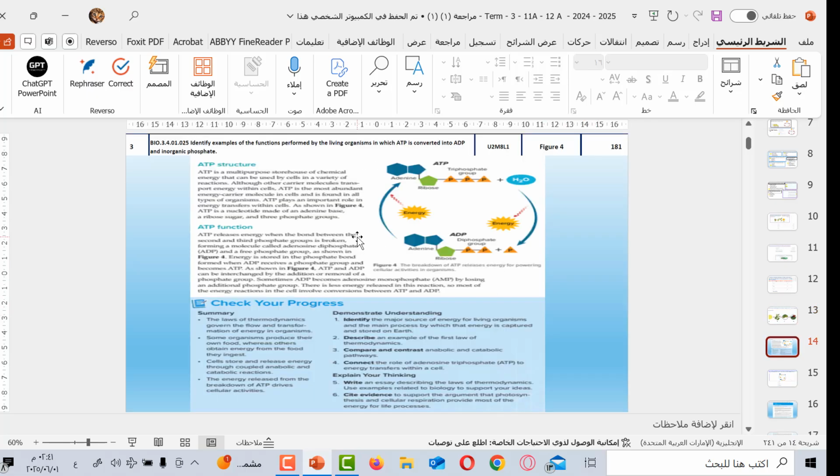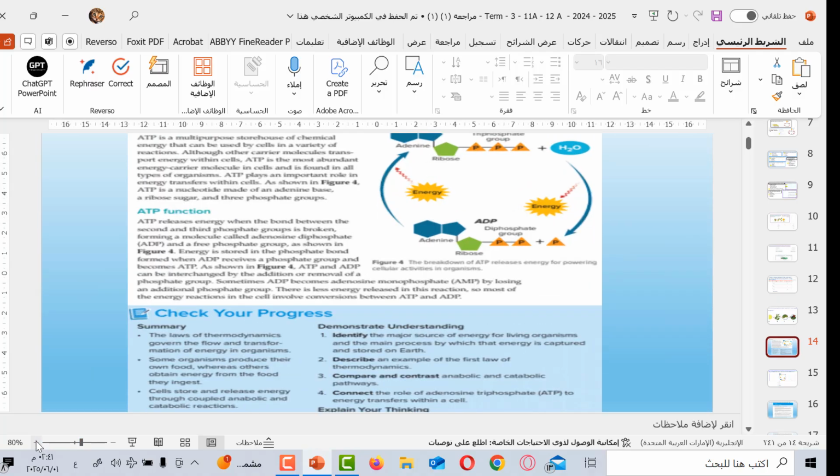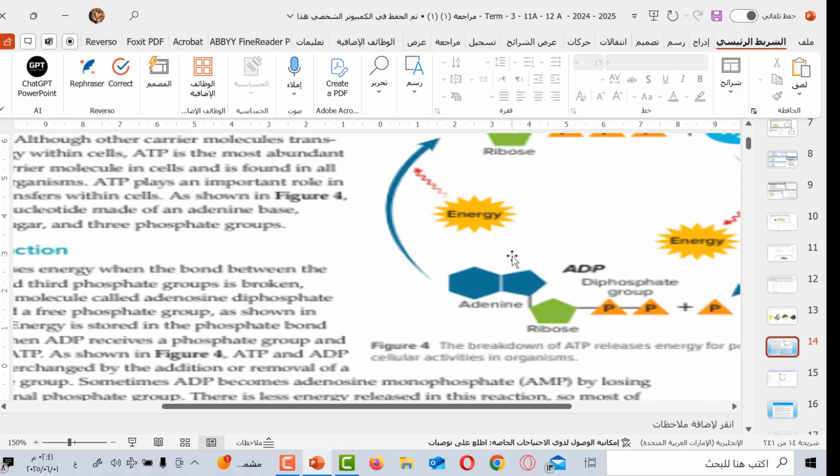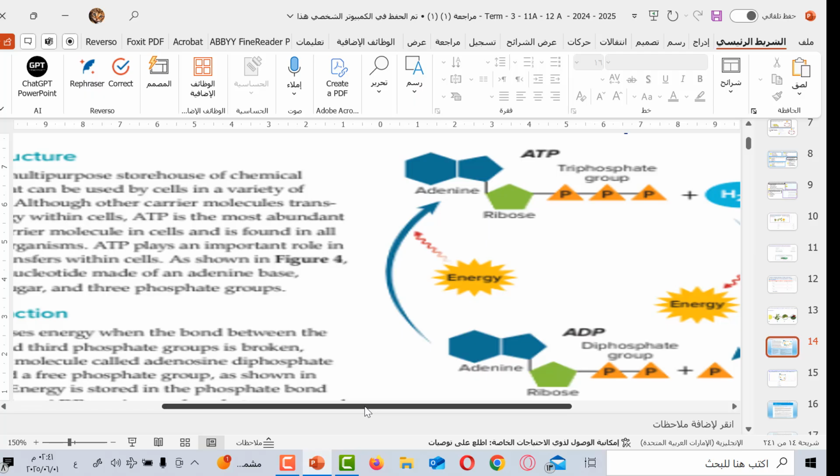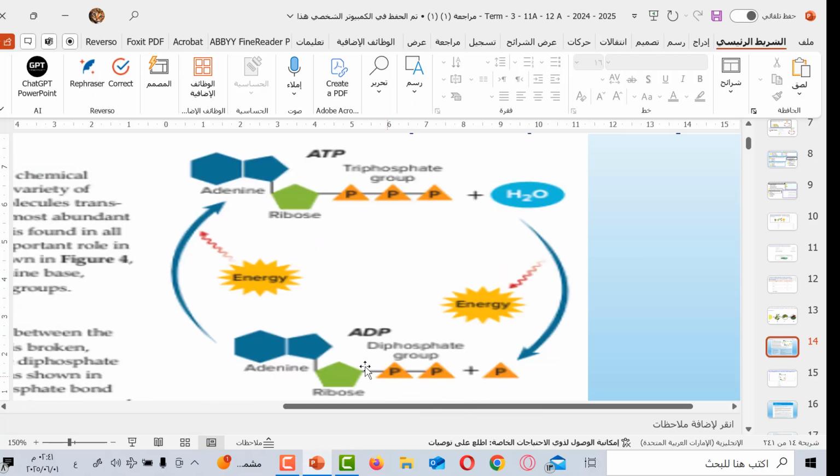Okay, right. Number 3, he asked about the shape in number 4. If we see this shape, it studies the change of ADP to ATP and the reverse.